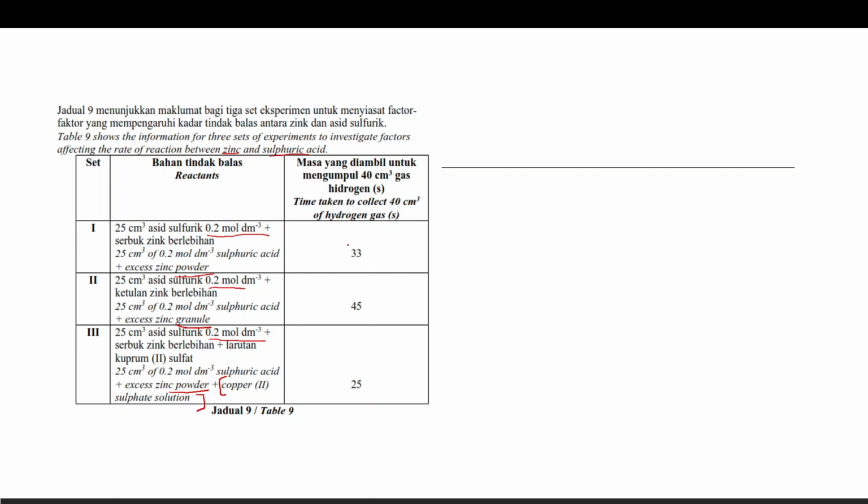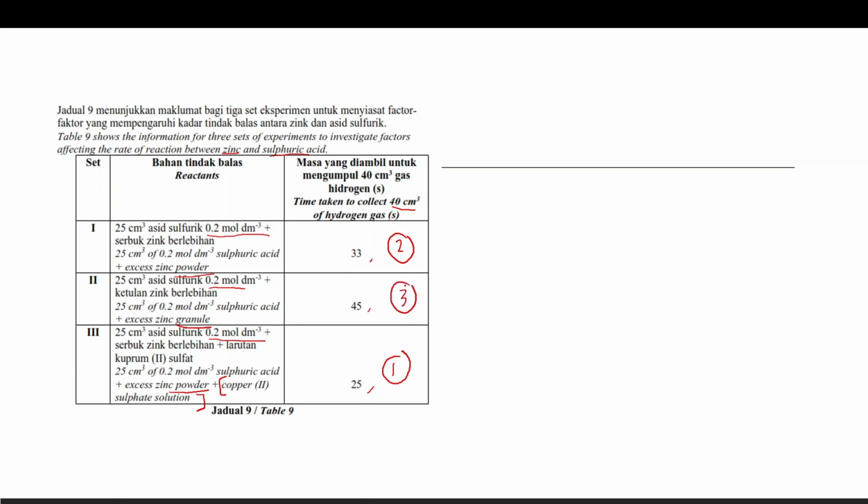Then we can see the time taken to collect 40 cubic centimeter of the hydrogen gas. So set 1 is 33, set 2 is 45, set 3 is 25. So we can see the highest rate of reaction will be set number 3. Okay, set number 1 will be the second one. Then the lowest rate of reaction will be set number 2.